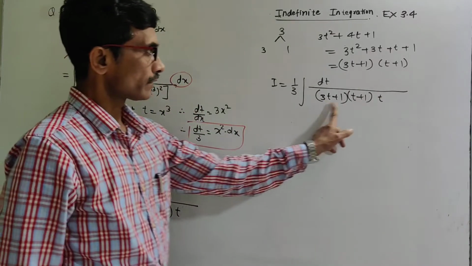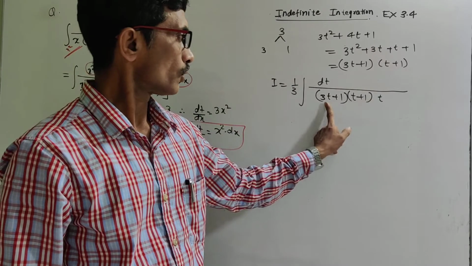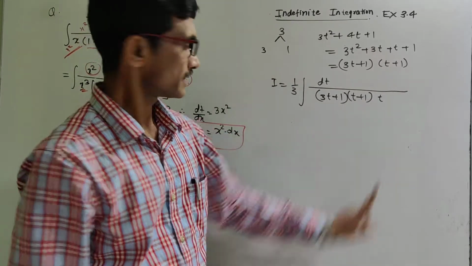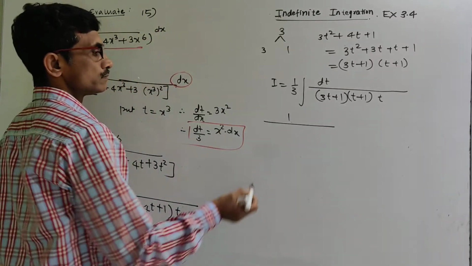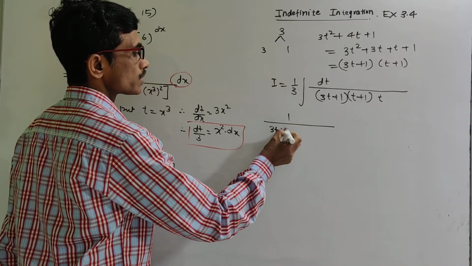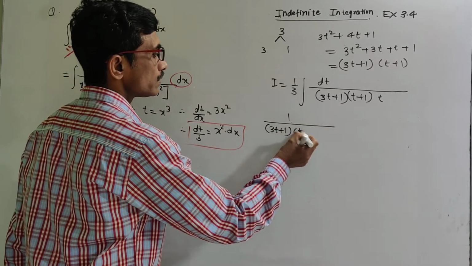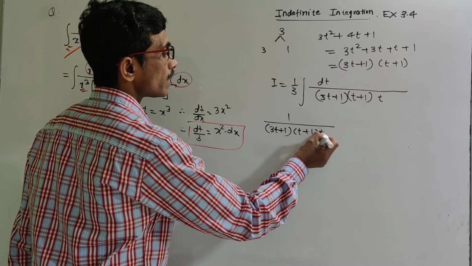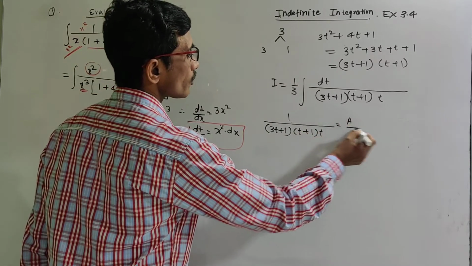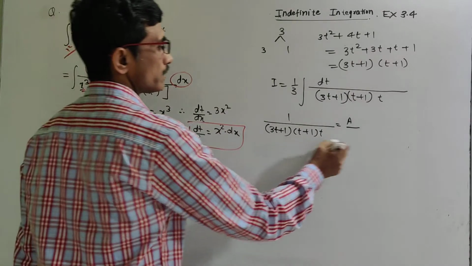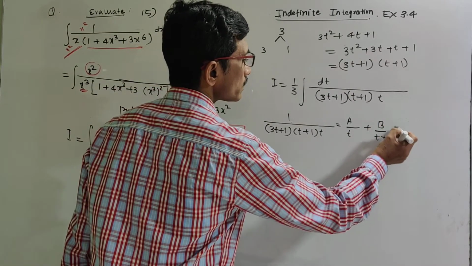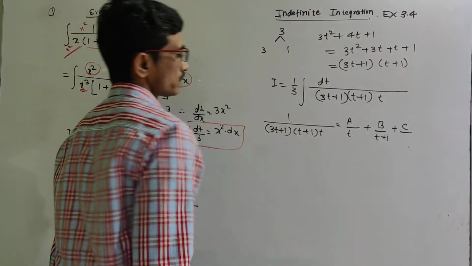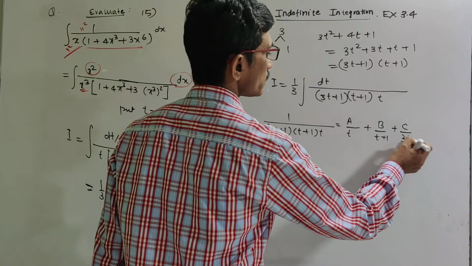Means these are linear factors, non-repeated linear factors. So 1 upon 3t plus 1 t plus 1 and t you can write as a upon t plus b upon t plus 1 plus c upon 3t plus 1.